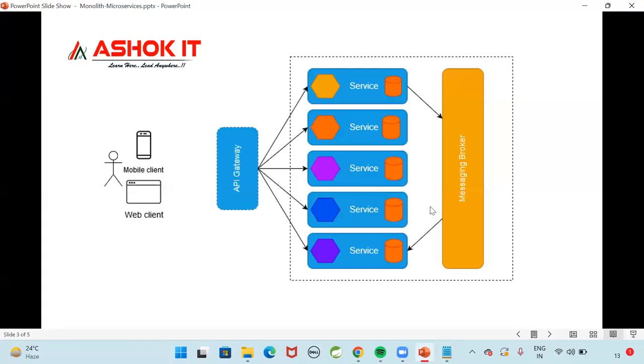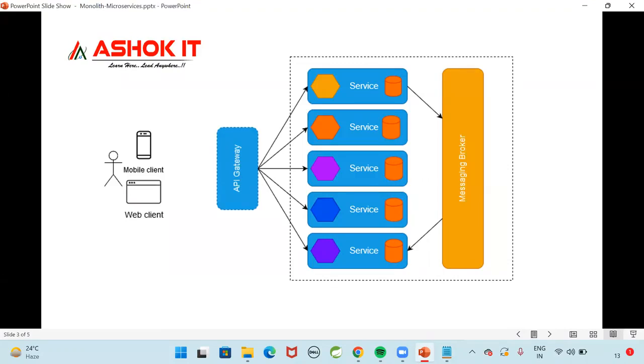What is the meaning of technology independence? Do you need to develop all the functionalities using one technology? Can I use multiple technologies to develop multiple microservices?